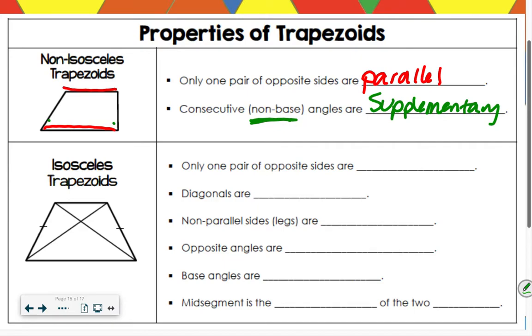So we want non-base angles. That means these are supplementary and these are supplementary, okay? In parallelograms and the other ones, it worked that you could go both the green way and this way. The blue way doesn't work anymore, okay? Just the green way. Just the up down.